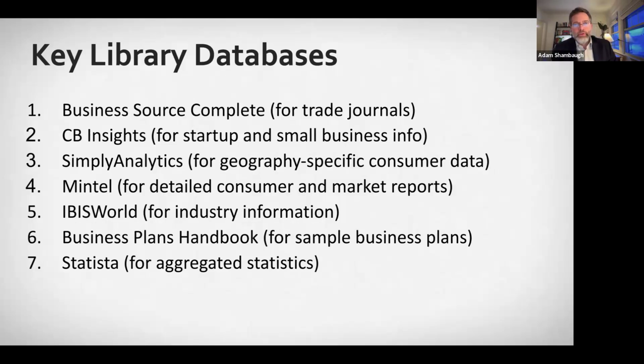Next up, IBIS World is an industry database. These are systematic, consistently formatted reports about a variety of industries. So consumer industries, as well as manufacturing industries, and a lot of emerging industries are included in there.